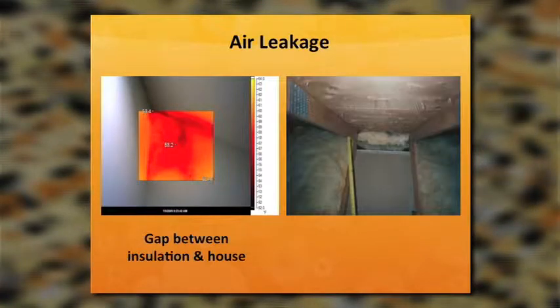On the right-hand side, we see a knee wall that doesn't have any air barrier at all, and it doesn't have any insulation in that spot, and consequently we can see where the air can easily get in next to the drywall and carry heat away.